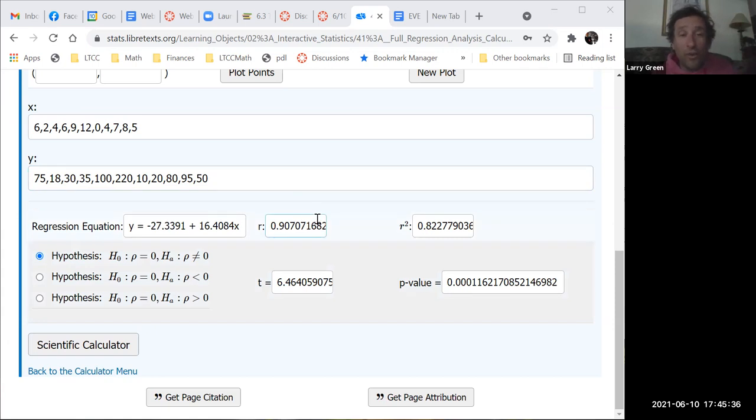I'm just going to go through in order at which we did things. So let's start with R, which is about 0.9. What does that tell us if R is about 0.9?